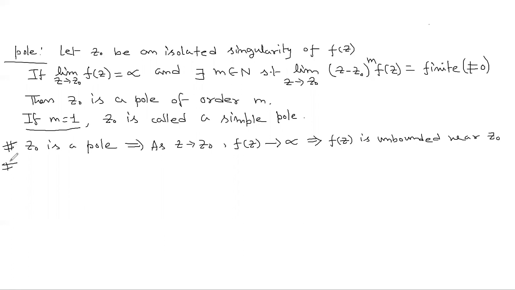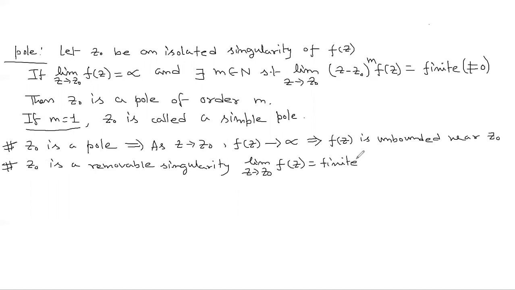But if z0 is a removable singularity, there we have seen the limit z tends to z0 of f(z) is finite. So this means if z0 is a removable singularity, then f(z) is bounded near z0.